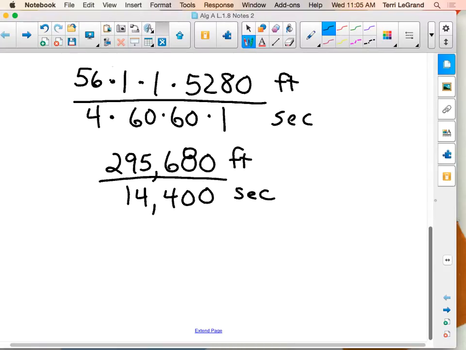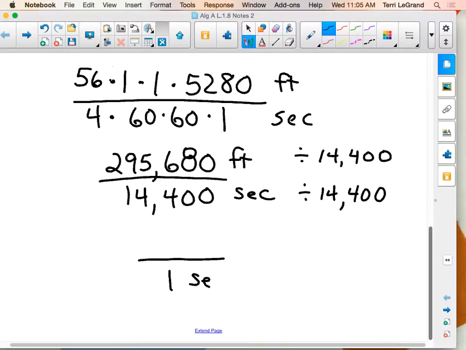Okay, we want to turn this into a unit rate. So what do we have to divide both the upstairs and the downstairs by? 14,400. Yeah, we're going to divide both of them by 14,400. Show this in your notes first, that you're dividing both upstairs and downstairs by 14,400. Because then we will end up with 1 second downstairs like we want. We want a unit rate.